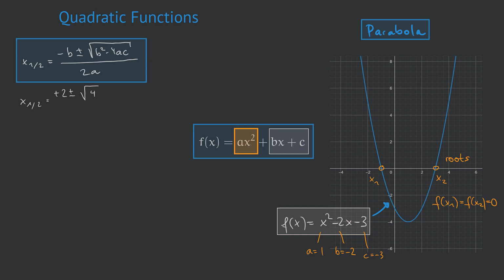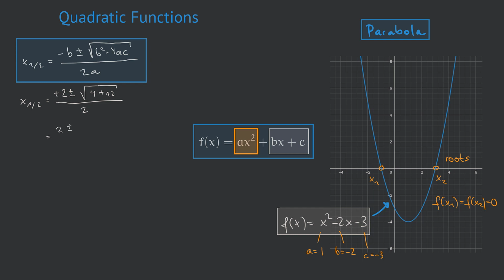Now we have 4ac, a is 1, c is minus 3, so that is minus 3 times 4, which is minus 12. Now minus minus 12 is plus 12, so we have plus 12 here, divided by 2 times 1, which is 2.